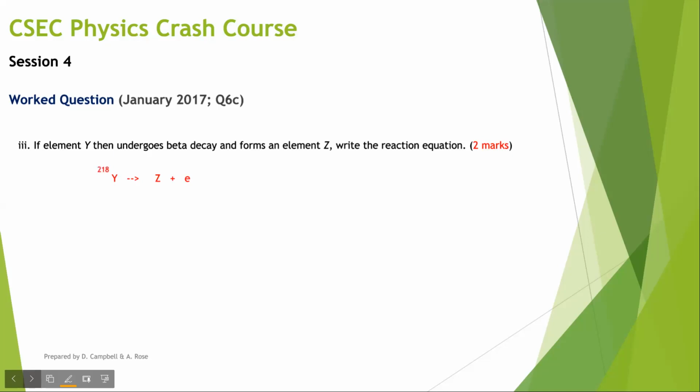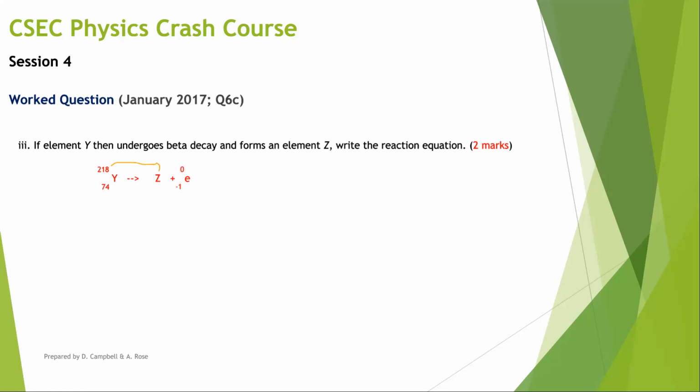We can then put in the values for P and Q that we just calculated, and then we can put in 0 for the mass of the electron or the beta particle, and the charge is -1. Of course, in beta decay, the mass of the particle remains unchanged.